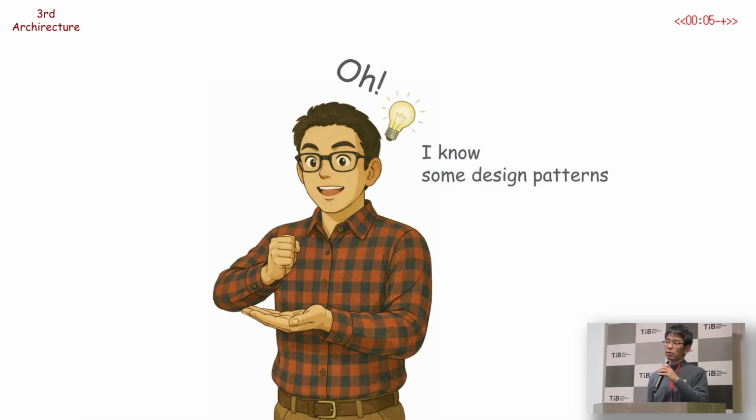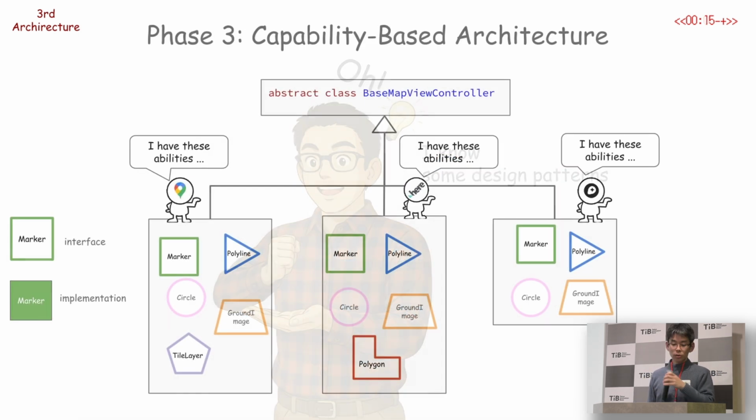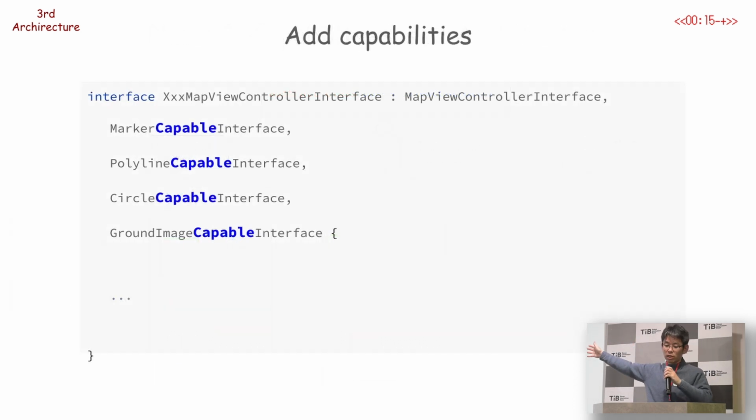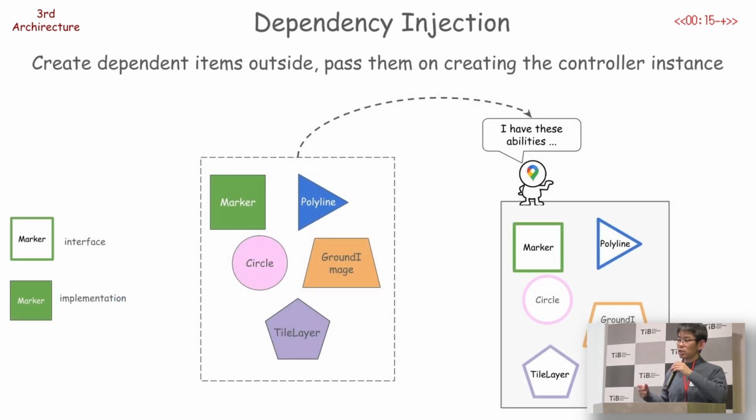So I know some design patterns. I introduced a capability-based architecture, so you can define, using an interface, what I can do with this SDK. Like this, this SDK can mark a polyline, for example. It's a very good way. I also introduced dependency injection. It's a very good way, right?